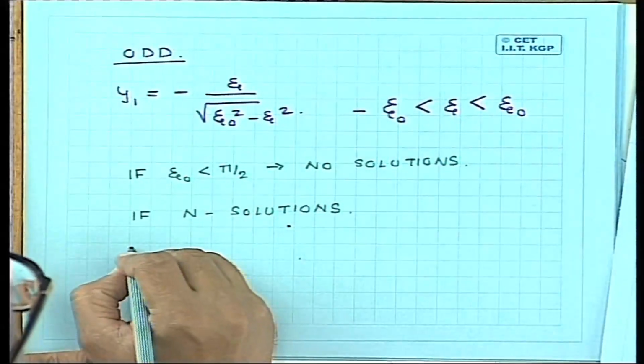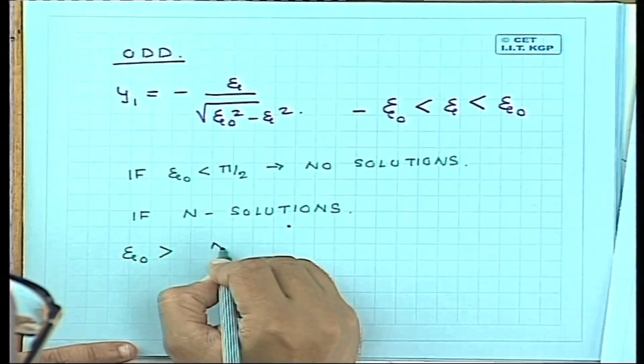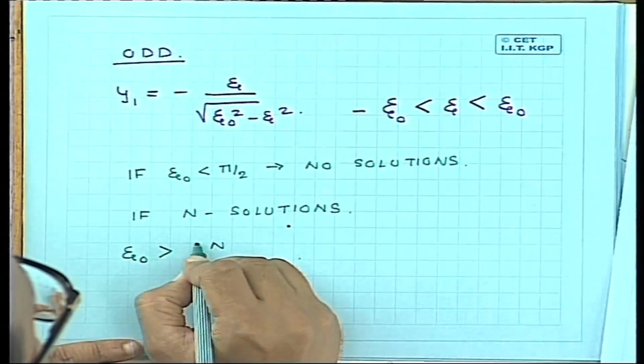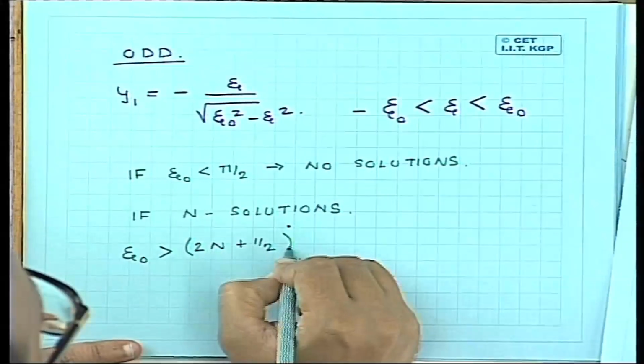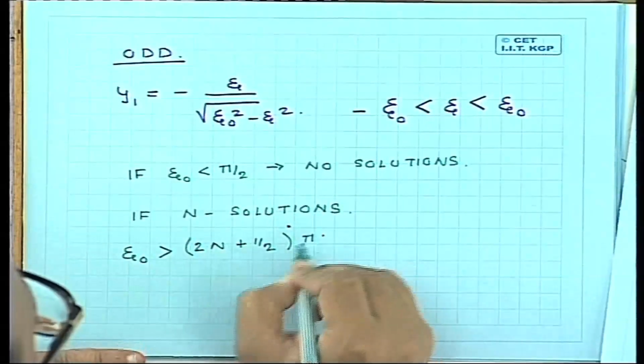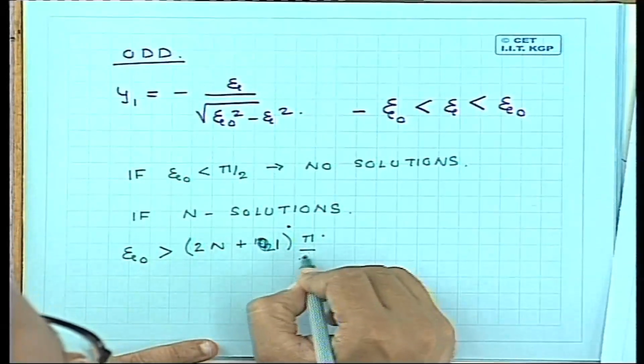then xi naught should be greater than 2n plus 1 pi by 2.